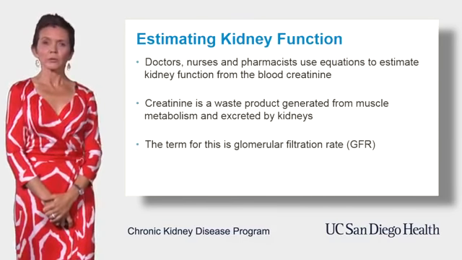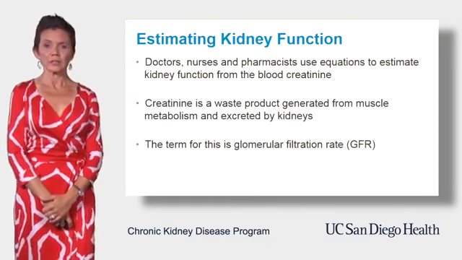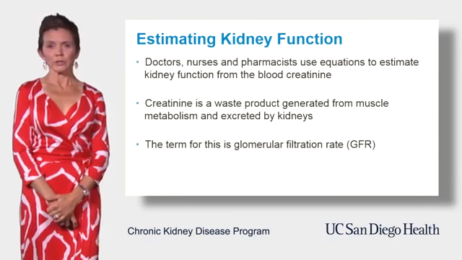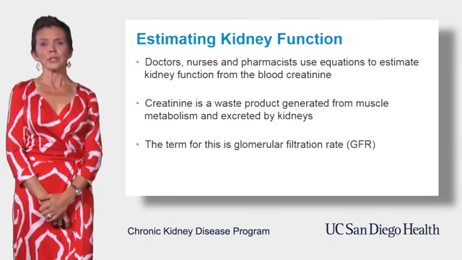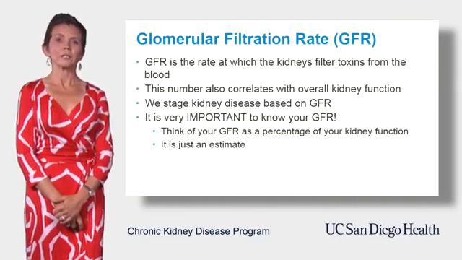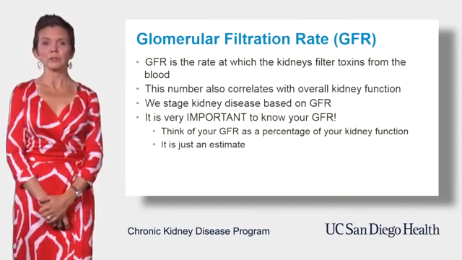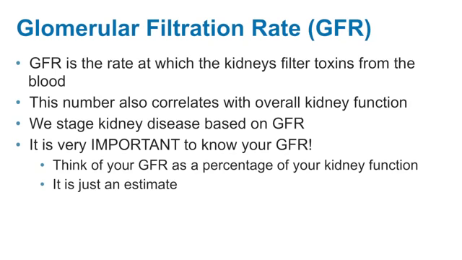The term for the level of kidney function is glomerular filtration rate, or GFR. GFR is the rate at which kidneys filter toxins from the blood. This number also correlates with overall kidney function. We stage kidney disease or assign severity based on the GFR.